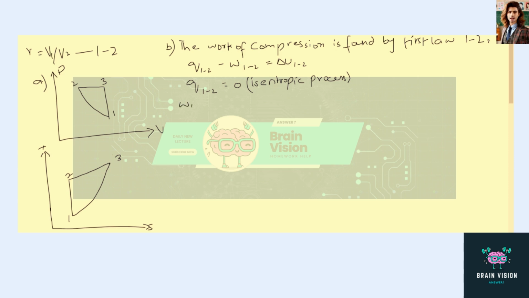So our work done during process 1 to 2 is equal to minus delta U, that is minus Cv (T2 minus T1). And the work done during compression is equal to Cv into (T2 minus T1).